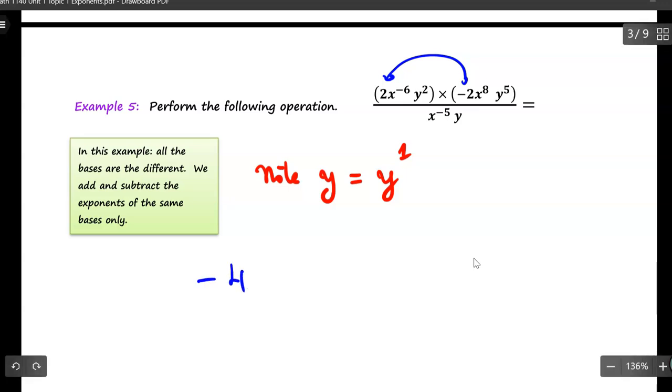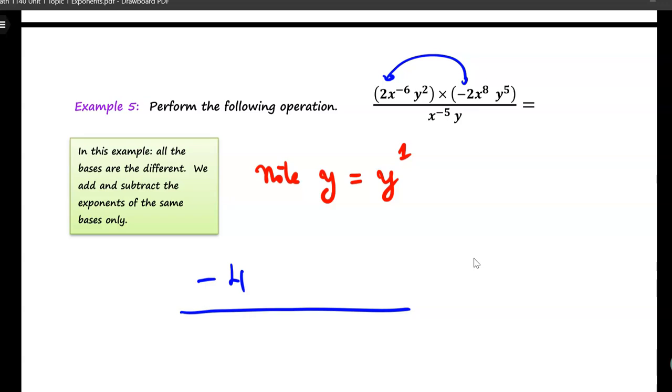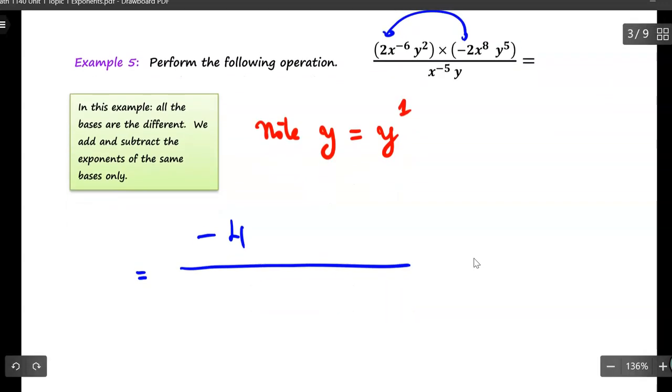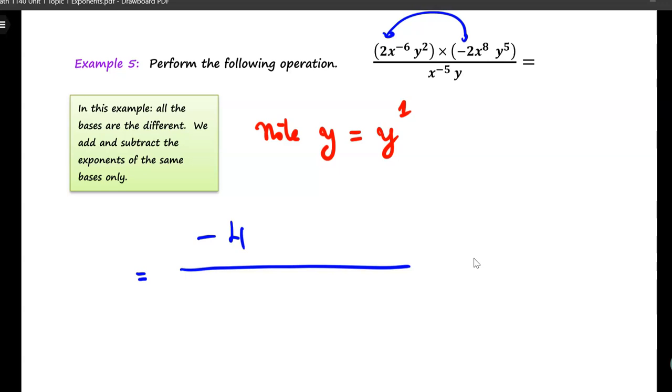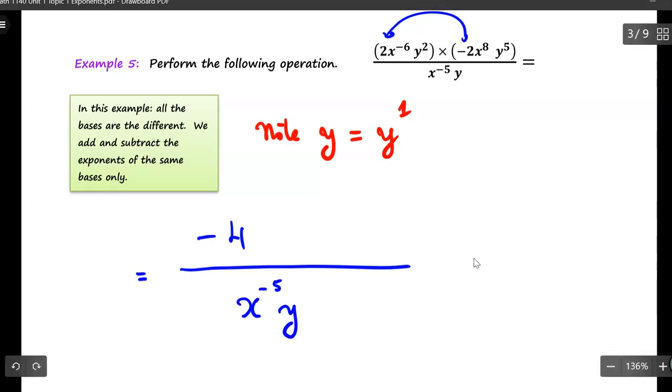I'm working with the numerator first, and then I will take care of the denominator later. After I complete the operation in the numerator, I will divide by the denominator into the result. I have a note here for everyone.